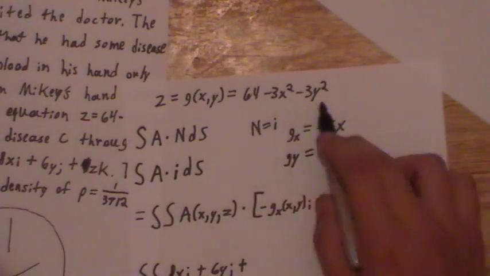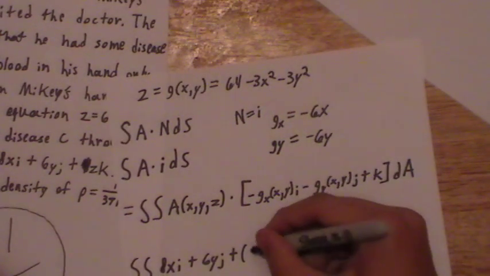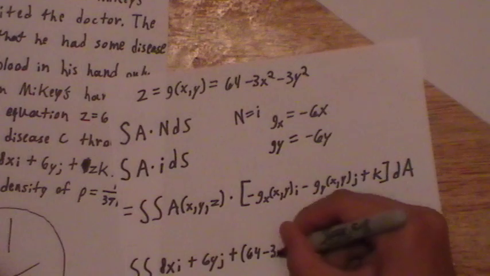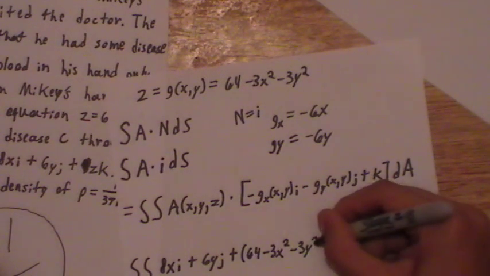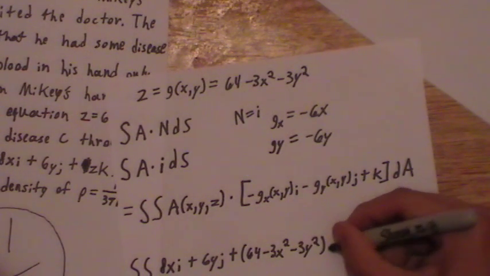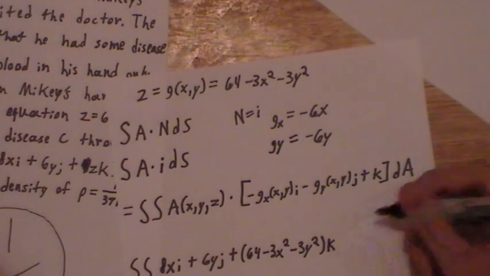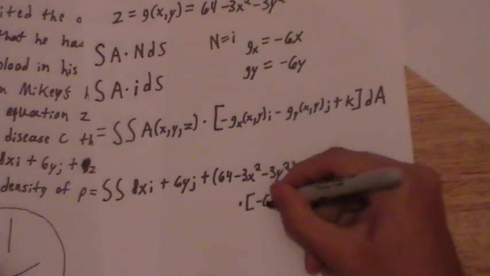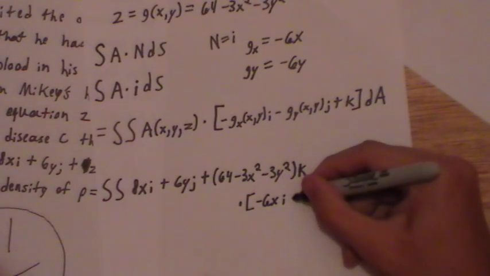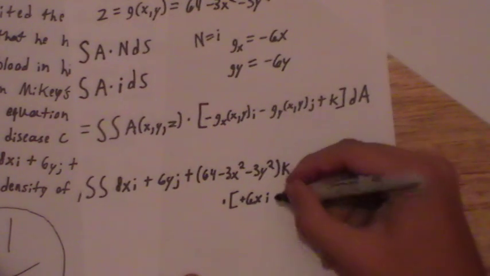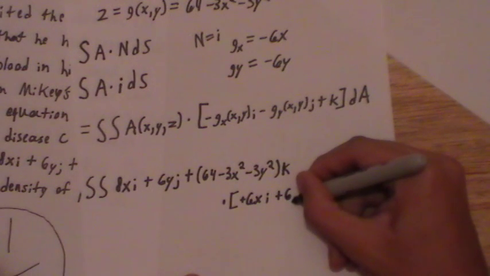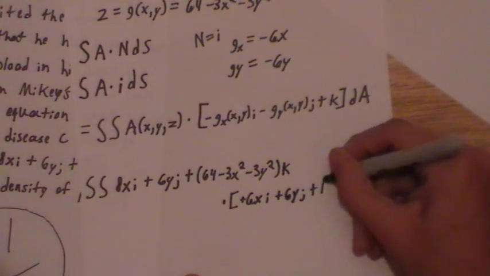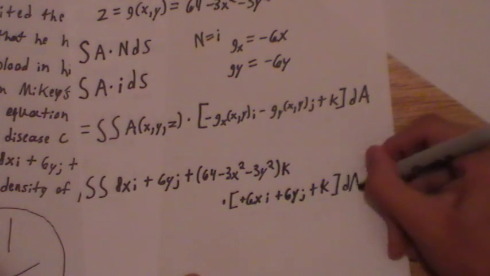So instead we plug this in for z, and we get 64 minus 3x squared minus 3y squared close of k. And then we dot it, put a big bracket with negative 6xi, plus, my mistake, plus 6yj plus k, close it, dA.